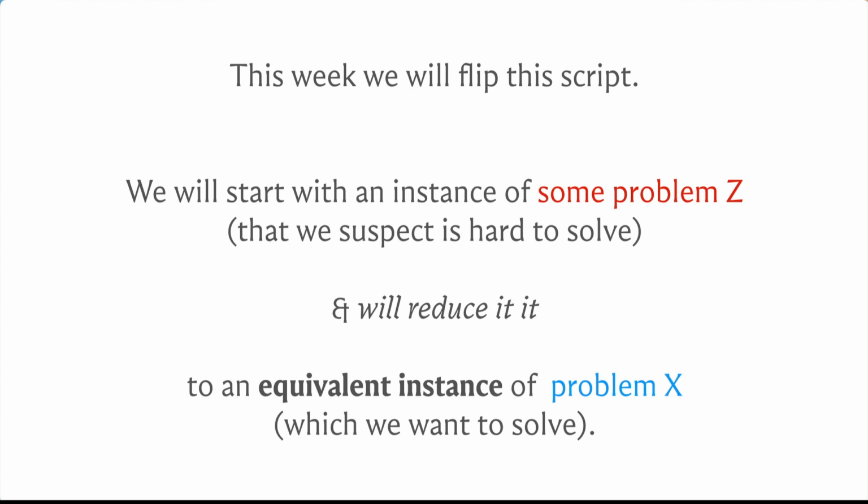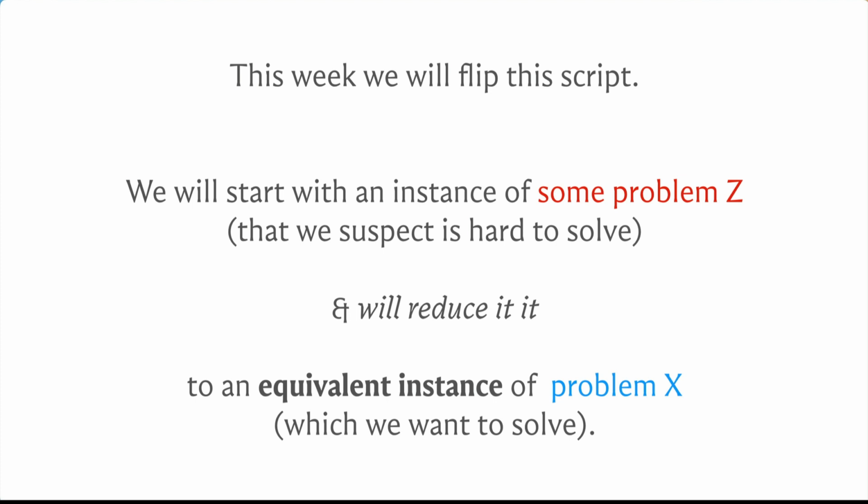Because if there is indeed an algorithm that can efficiently solve our problem, then that algorithm can actually also be used to solve this hard problem, in the same way that we leveraged flows to solve a bunch of other problems. So now, if you have an algorithm for problem X here, then you can use that algorithm to solve problem Z by basically chaining this reduction with that algorithm, right?